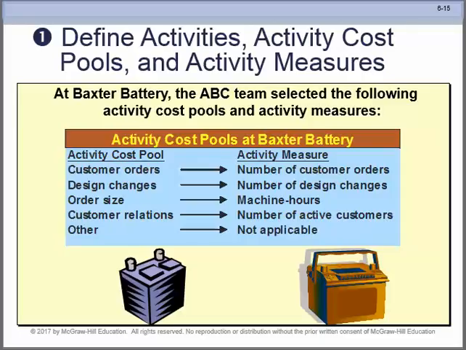Customer orders, and the activity measure has got to be a quantifiable something so we can use it as a measure. Number of customer orders, the number of design changes, the machine hours used to produce the size of whatever order, the number of active customers, which has to do with customer relations, and then they gave us a non-applicable.